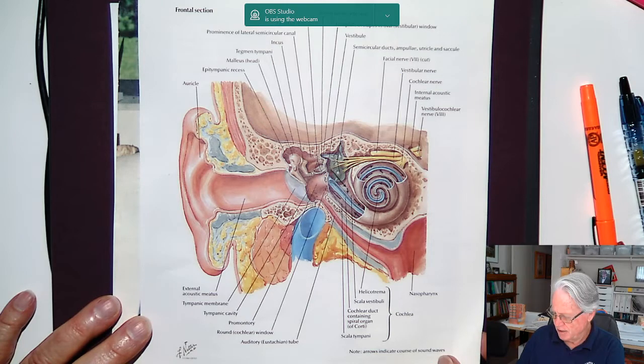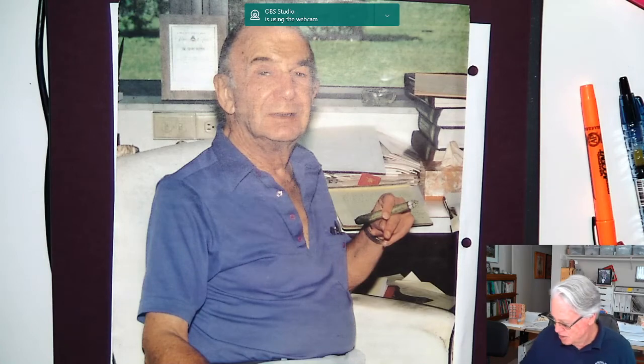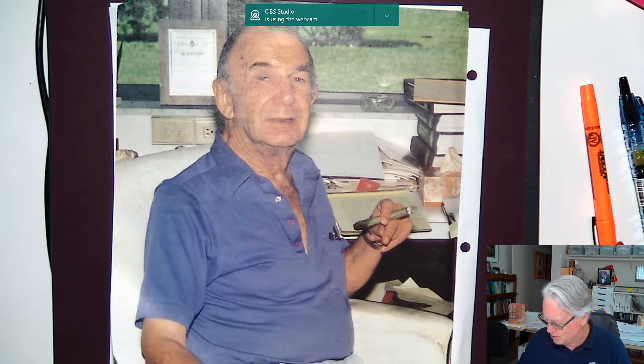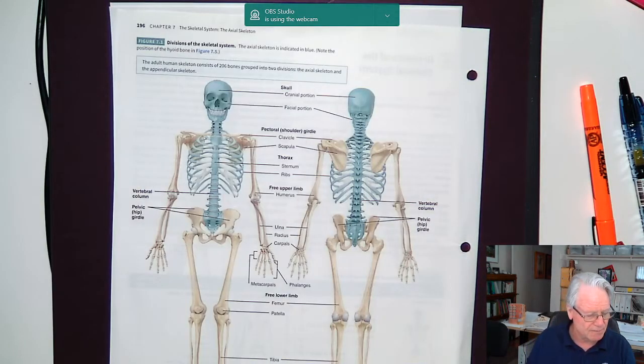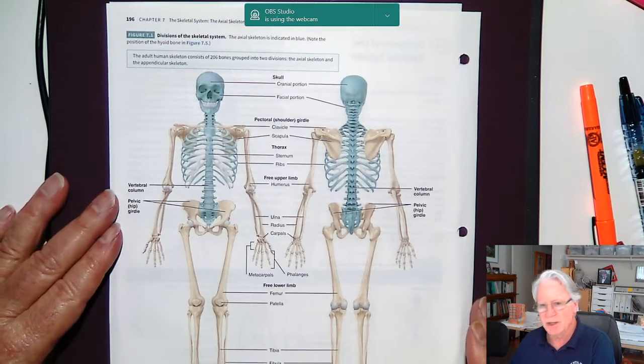I highly, highly recommend this as a source of information. I have actually bought two copies because one of those copies I wanted to take apart in order to use the images, and the other one I've kept whole.